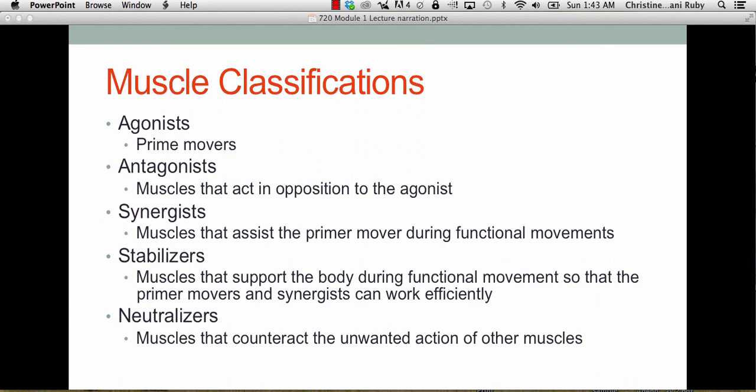This multifidus turns on to protect us when we're using things like our erector spinae or our iliopsoas muscles that can create a shearing force across the spinal levels. So that multifidus holds those spinal levels together and supports them while these big muscles pull across the spine.